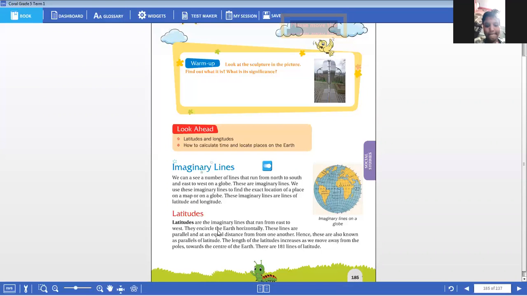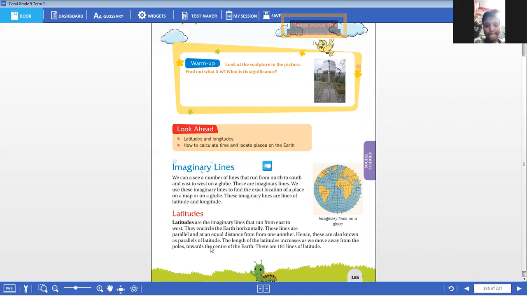These lines are parallel and at an equal distance from one another. The word parallel, children, is a little bit new for you, but I'll give you an example. Have you ever seen a railway track?